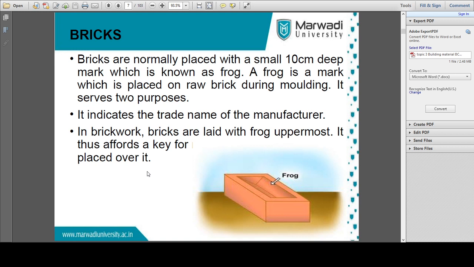During our last few lectures, we have started with the construction material, and we have tried to go through the properties of brick.